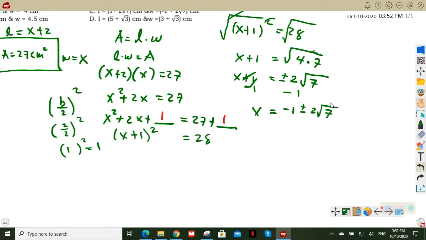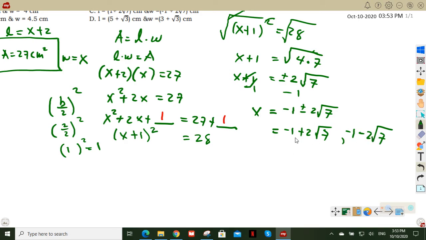If I separate the two, I will have negative 1 plus 2 square root of 7, and then the other is negative 1 minus 2 square root of 7. So this is the plus and this is the minus here.